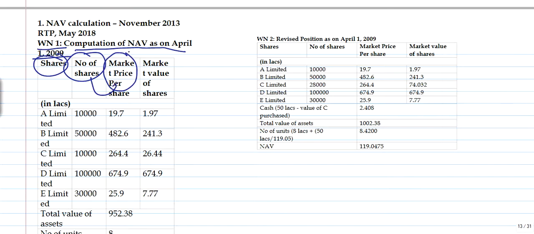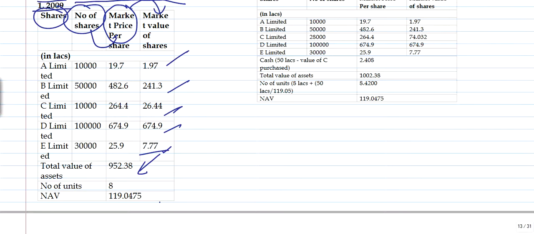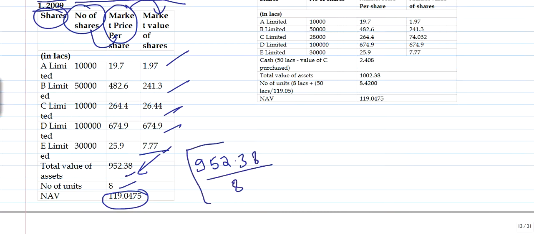This multiplied with this will give the market value of the shares. Total, this will come up to 952.38 lakhs. The units are 8 lakhs. NAV is 952.38 divided by 8 lakhs. Simple sum.